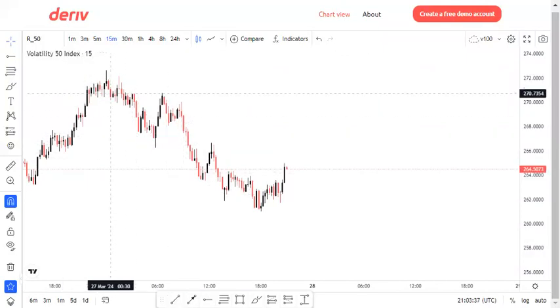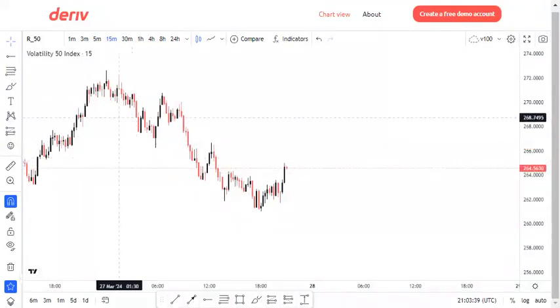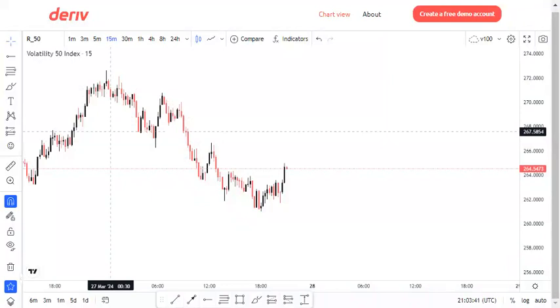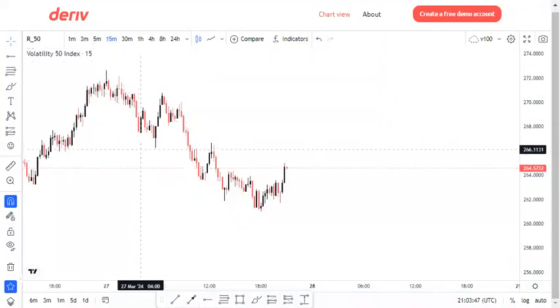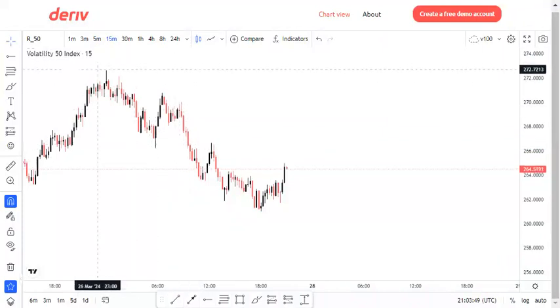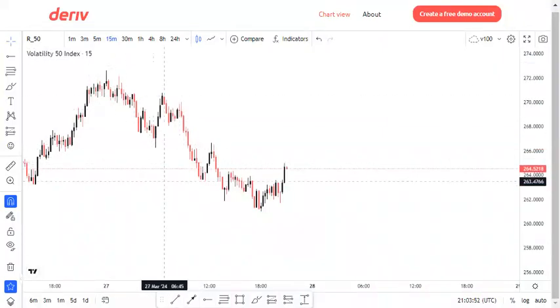this market structure I've used considering the 15 minutes, but that's not the concept I want you to understand. I want you to understand the concept which I explained by using the drawings.